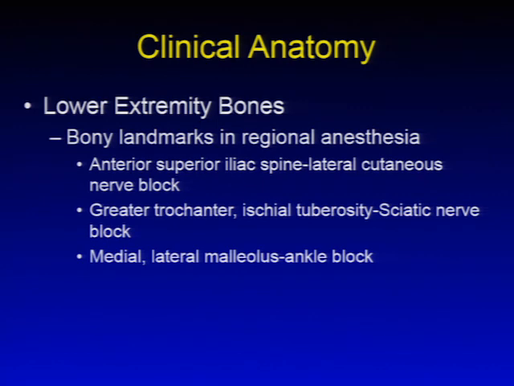It is palpated and a mark is made 1 centimeter lateral and 1 centimeter inferior to the anterior superior iliac spine, and this is where the block is performed. The greater trochanter and ischial tuberosity provide the major landmarks for a subgluteal approach to a sciatic nerve block. The medial and lateral malleoli provide bony landmarks for performing ankle blocks.